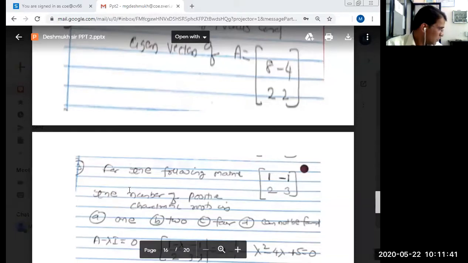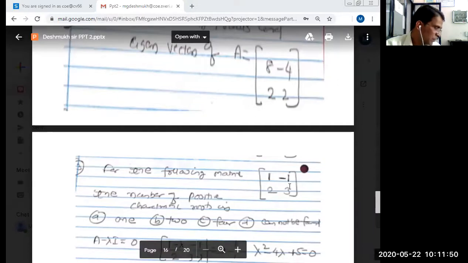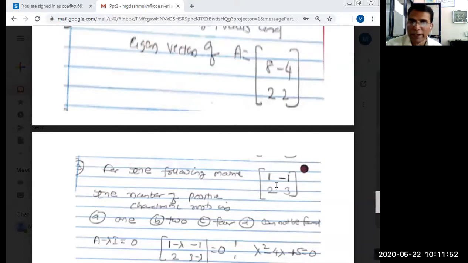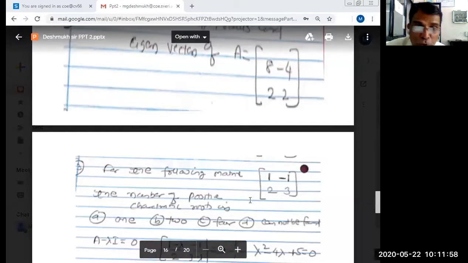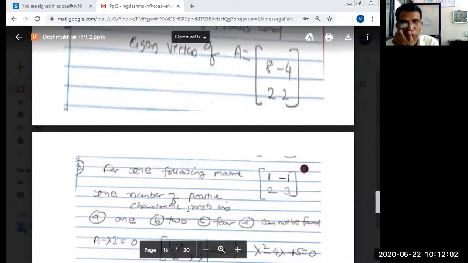See this problem. That is the 33rd problem. For the following matrix 1 minus 1, 2, 3, the number of positive characteristic roots is. Once again, I will repeat the question.